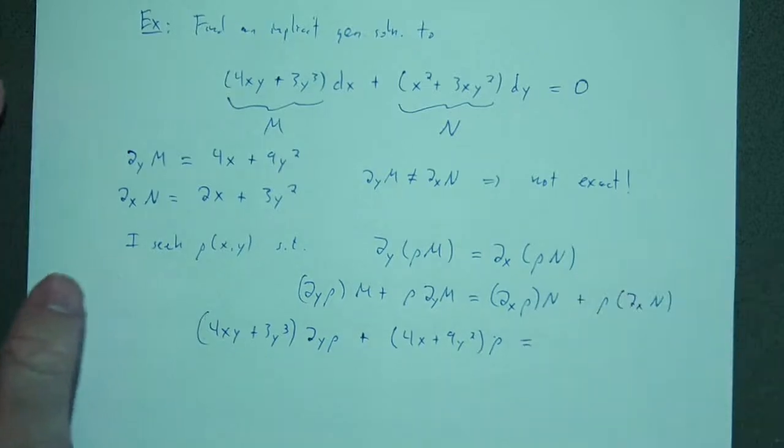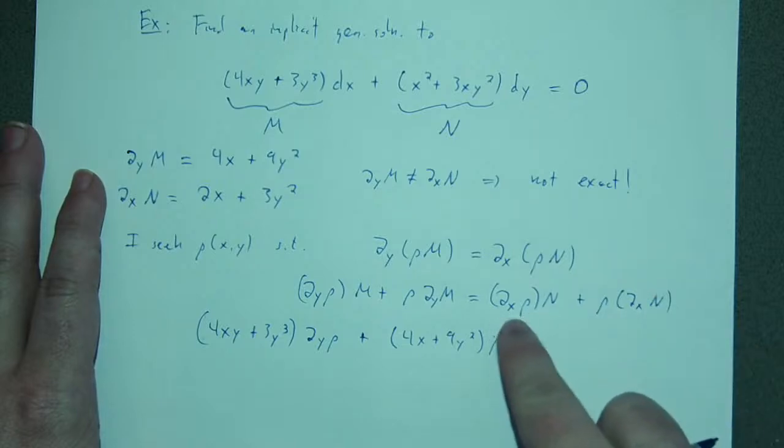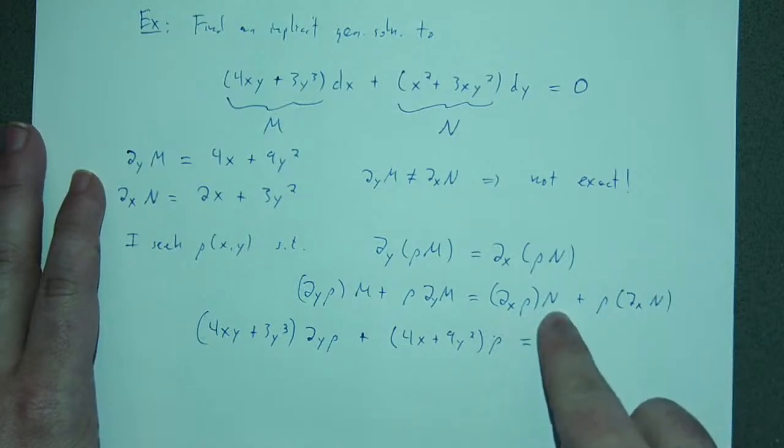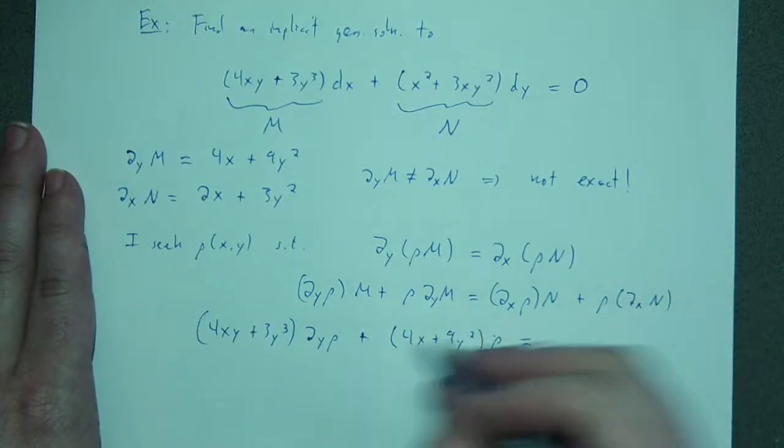And that is equal to the x partial of rho times N. So the x partial of rho is something, I don't know what that is.